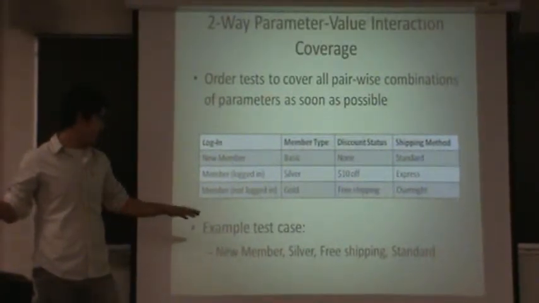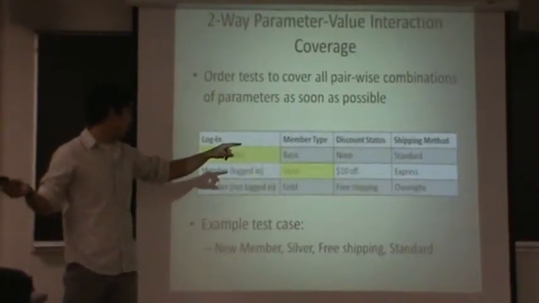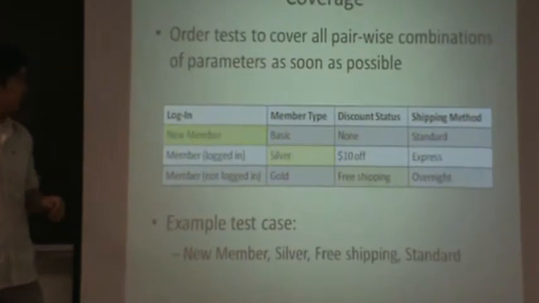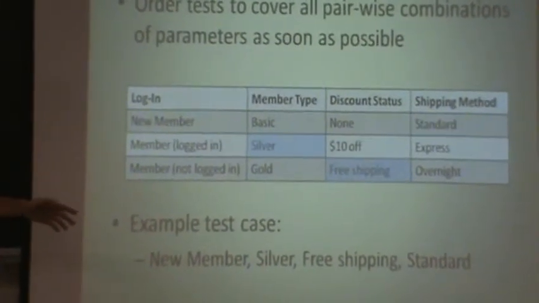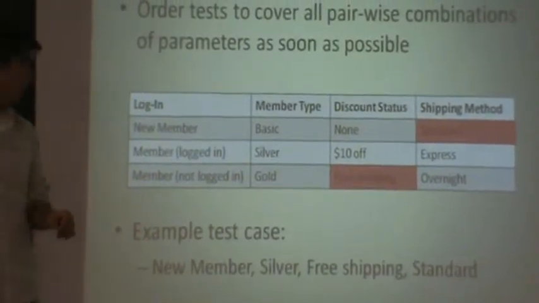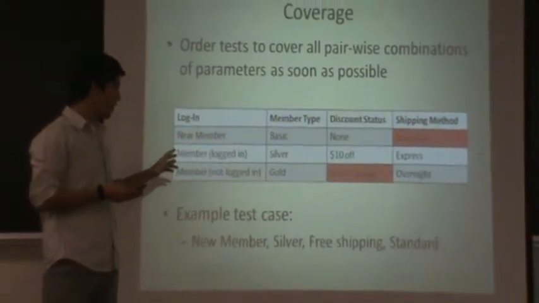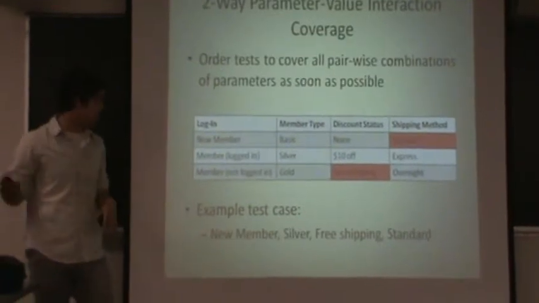This test case covers the following parameter value pairs between two pages: new member free shipping, new member standard, silver free shipping, silver standard, and free shipping standard. So for this set of parameters, there are 3 to the 4th power number of parameter value interactions that need to be covered.